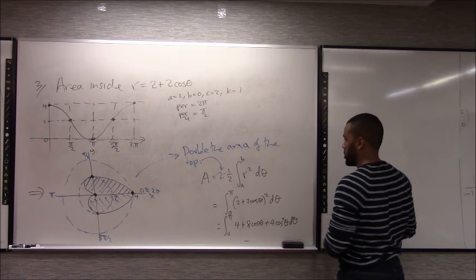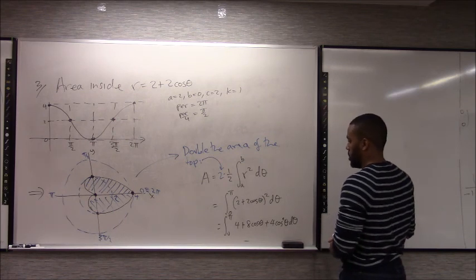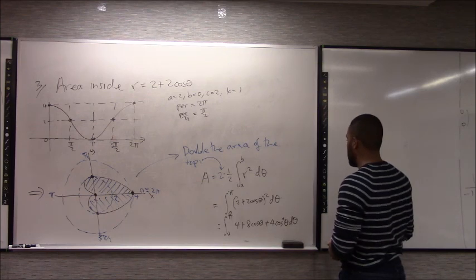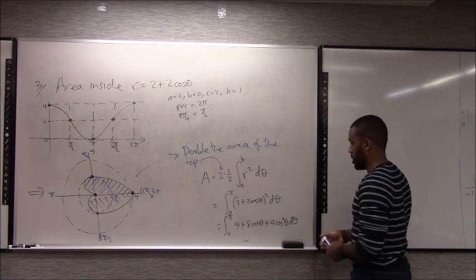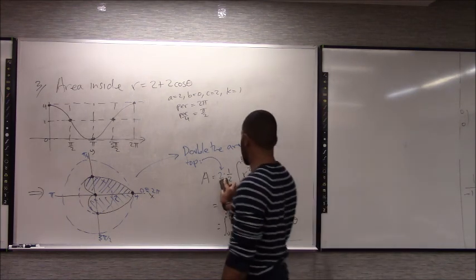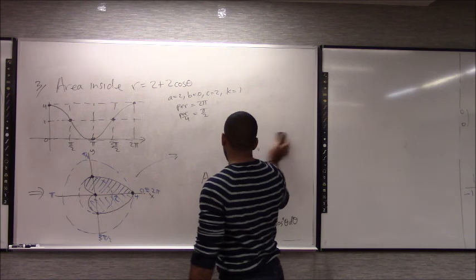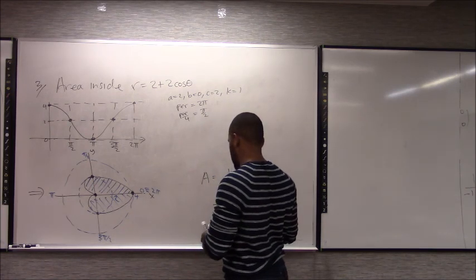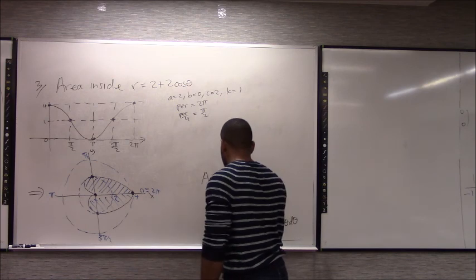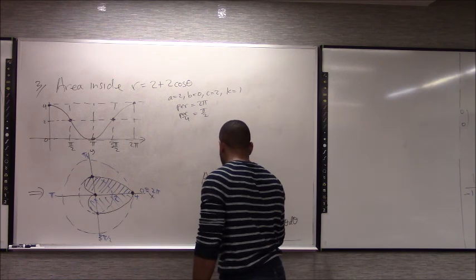Actually, it would be nicer to do 0 to 2 pi. Let's just do that. I'll get the same answer anyway, but it's not going to be clear with what I want to do here. So let's just do that, because I want to take advantage of a trick.